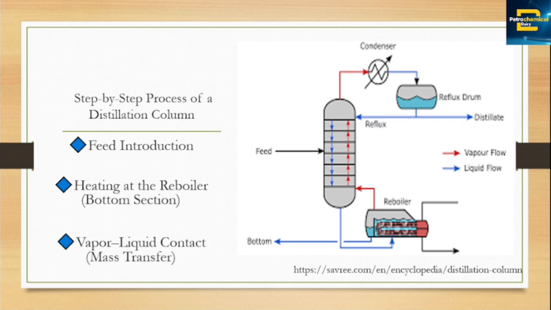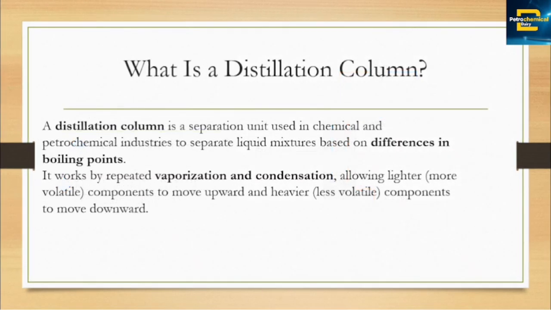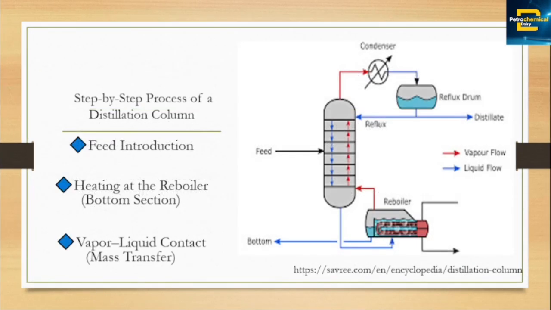One thing we note from my previous statement is that the distillation column operates by repeated vaporization and condensation. That is how the distillation column operates. It's a continuous process.